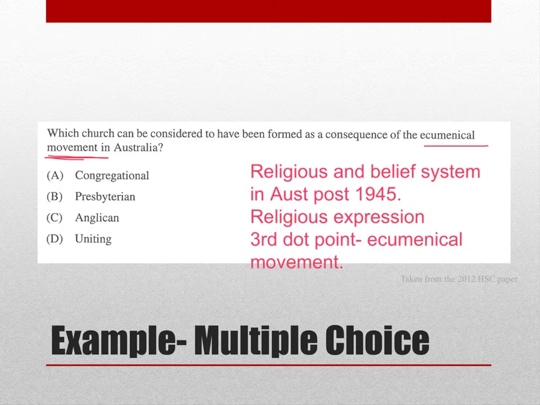Okay, so that's all you would need to do for the multiple choice. All right, again, you're not attempting to answer it, you are just attempting to identify the syllabus dot point that's being addressed.